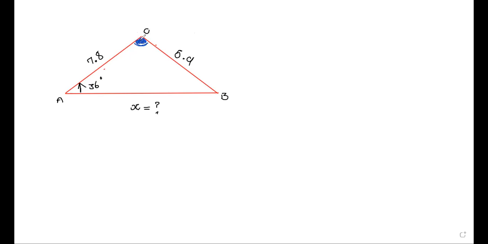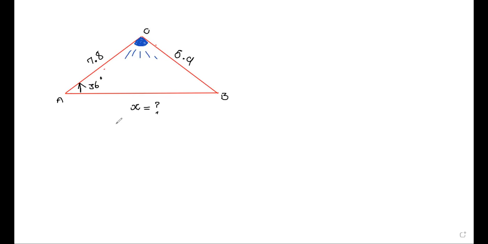Look at the angle C, which is facing, it's looking at the length X. In order to use either the king or the queen law, it's always expected that we have the angle associated with the length which is looking at it.